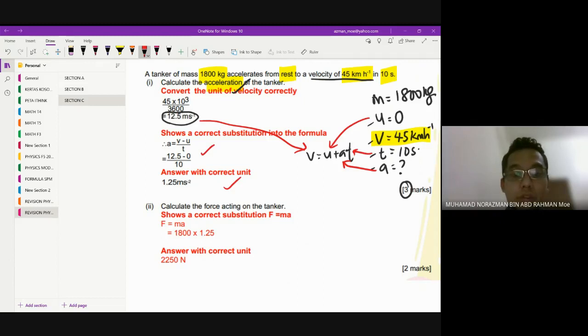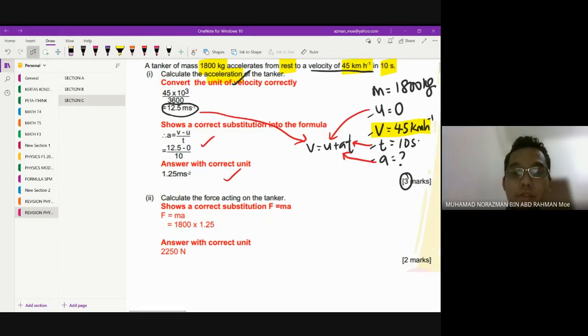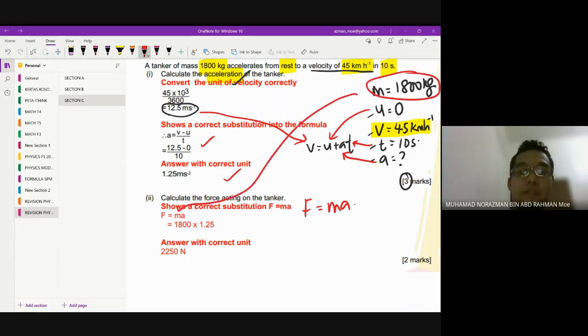For the second question, calculate the force. You know the formula, force is equal to ma. Now we will use mass. Just substitute mass and acceleration, and we get the final answer, with the unit of force in Newton.